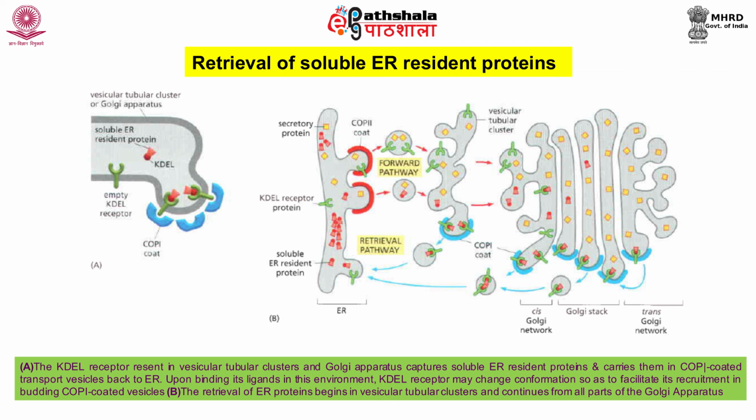It can be seen in the figure that the retrieval of ER proteins begins in vesicular tubular clusters and continues from all parts of the Golgi apparatus. The KDEL receptor in vesicular tubular clusters and the Golgi apparatus captures soluble ER resident proteins and carries them in COP1 coated transport vesicles back to the ER.